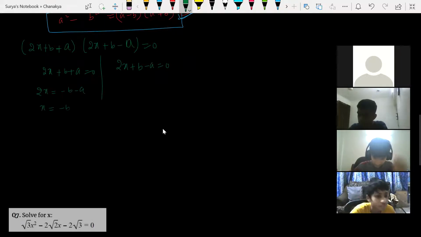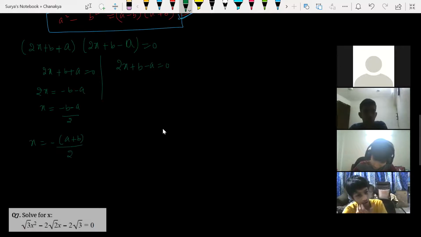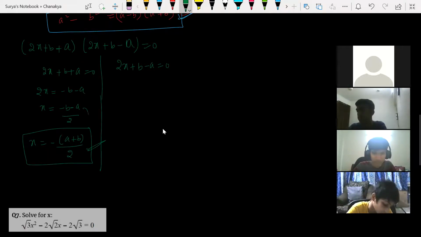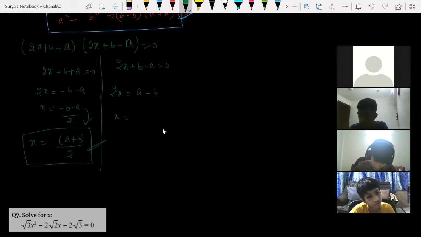X is equal to minus b minus a by 2. Yes or no? So can I write now minus of a plus b by 2? Isn't it? The equation can be written as minus times of a plus b by 2. So look at this here. 2x is equal to a minus b here. X is equal to a minus b by 2.